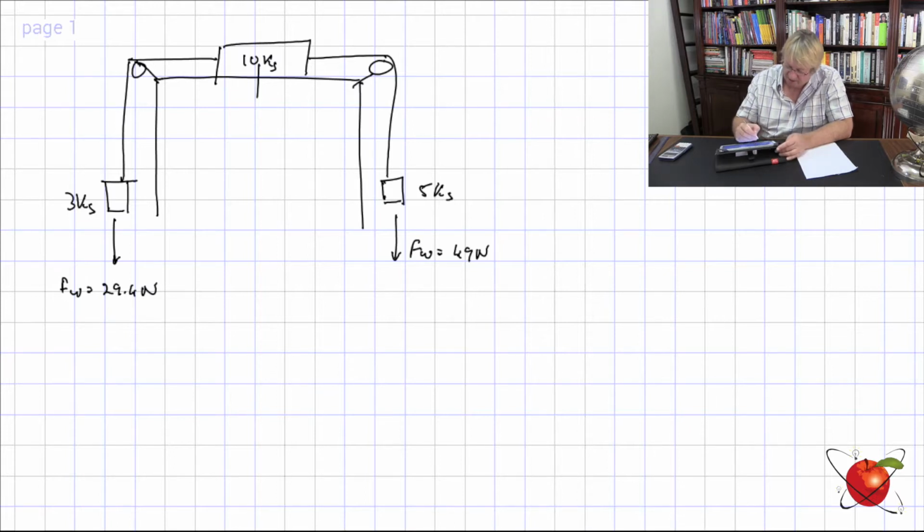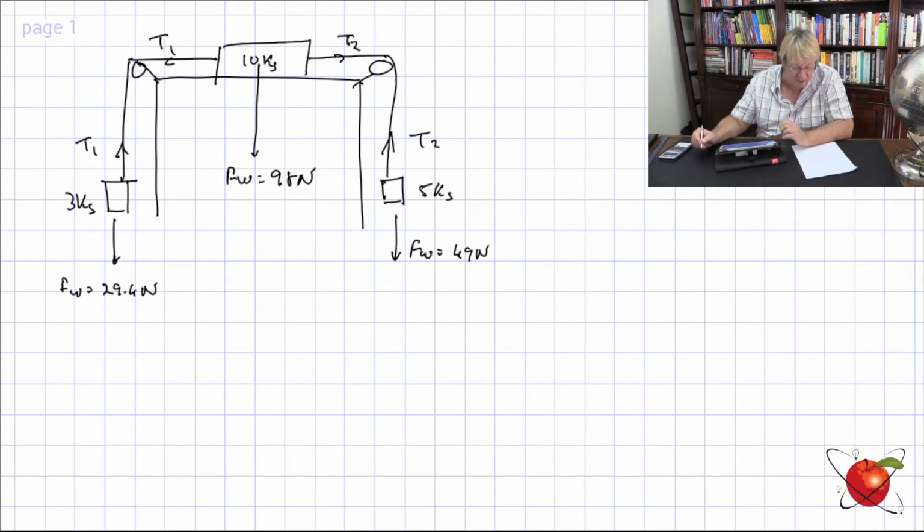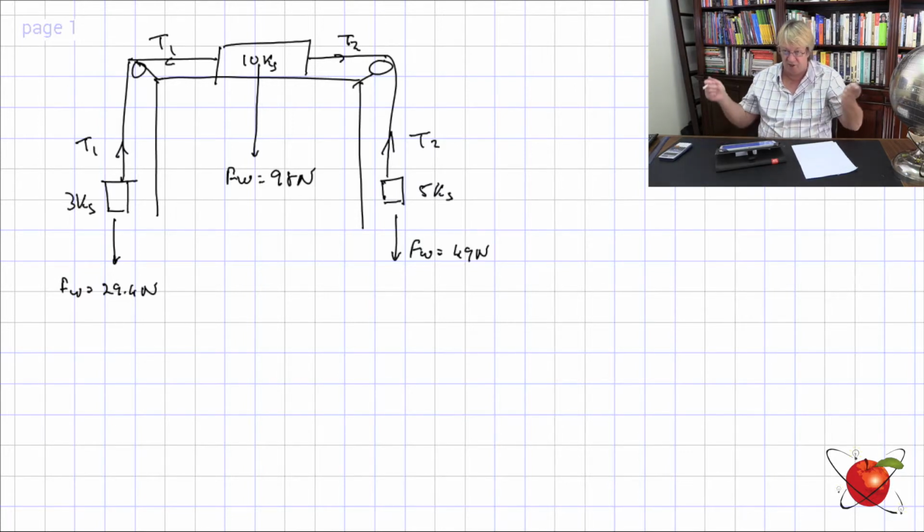I've got to go up to this guy, and FW here is going to be equal to 98 newtons. The next thing we say is, right, what's holding this up? There's a piece of string there, so that's a T2 that I've called T2. Let's have a look. This one I called a T1. This one I called a T1 as well. Obviously they must be the same. The tension in a piece of string is the same both sides.